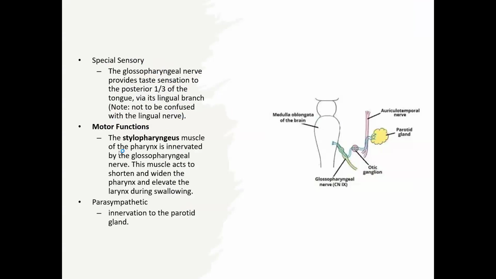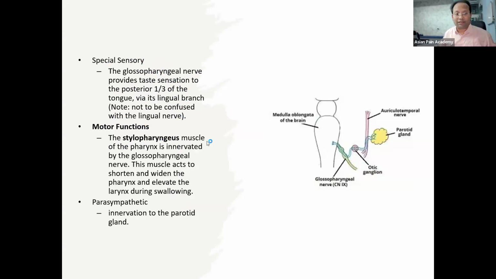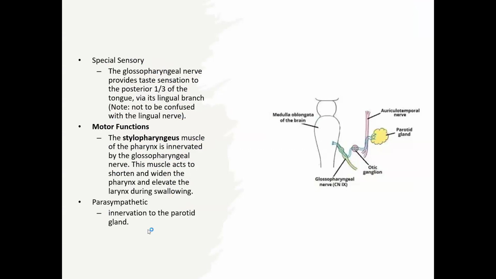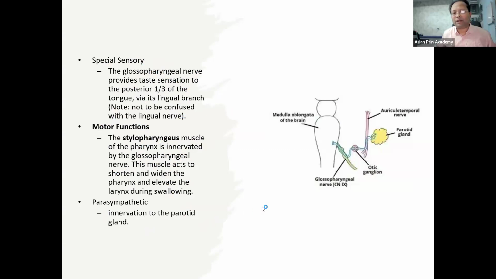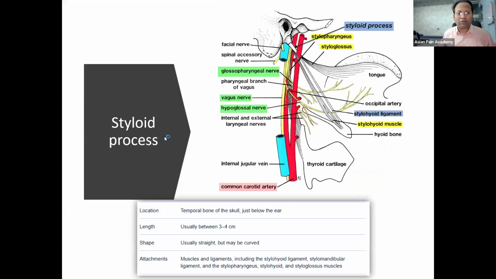Now comes motor function. The stylopharyngeus muscle of the pharynx is innervated by the glossopharyngeal nerve, so it can get affected if there is nerve compression. Parasympathetic supply is to the parotid gland. Here you can see in this picture, these line diagrams in black ink, these are muscles.